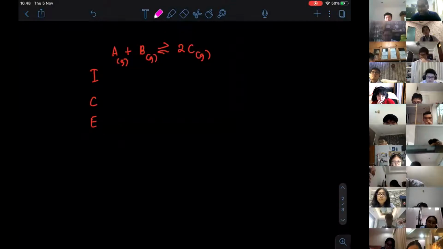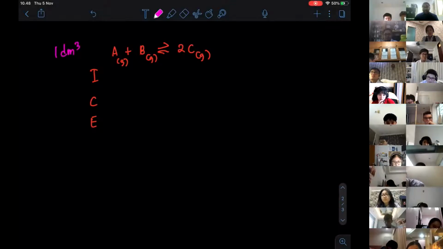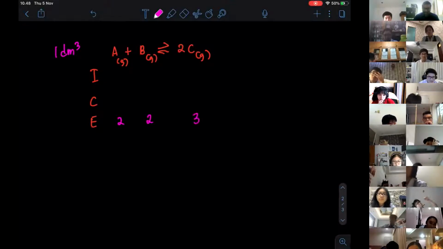Forget about I and C now. Let's say I give you a value at equilibrium. We are talking about 1 dm cube. The entire container is 1 dm cube. Let's say we are talking about number of moles, and you found out at equilibrium there are 2 moles of this, 2 moles of this, and there are, just ignore the proportion, 3 moles of this at equilibrium.